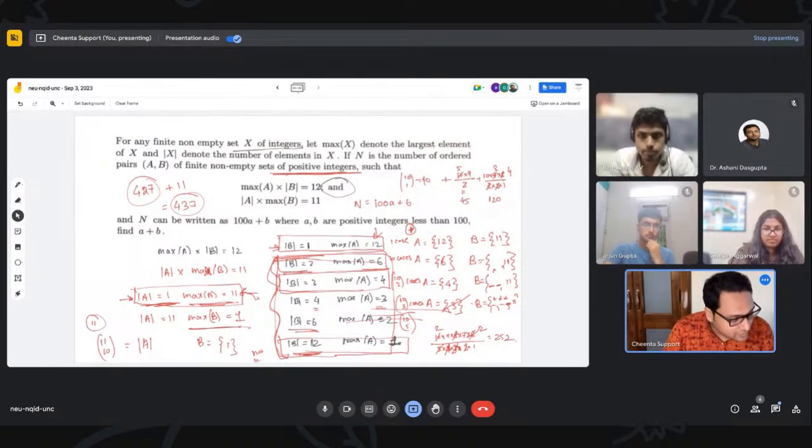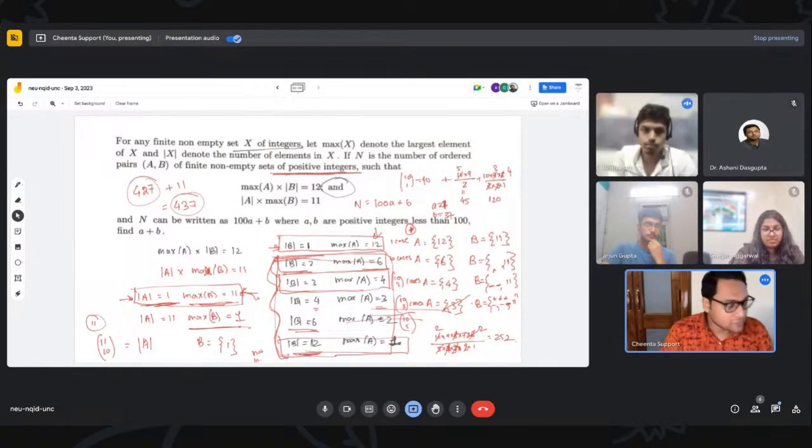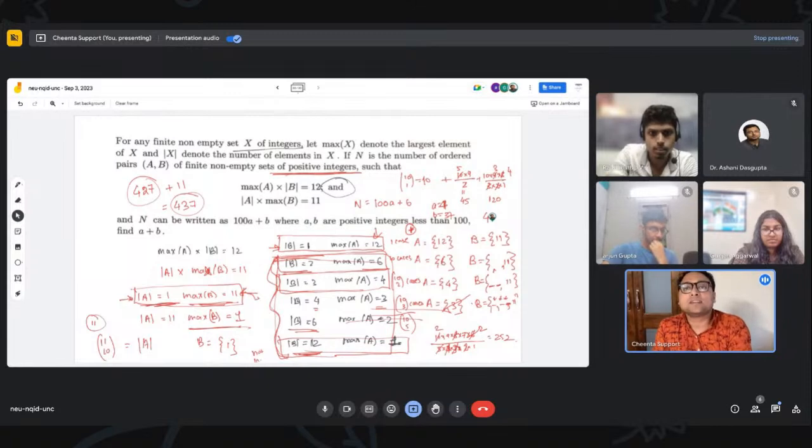So for example, A can be 4, B can be 37. Yes, that is possible. There is a unique remainder mod 100, so we want 4 plus 37, so that's 41. So the answer is A plus B is 41.